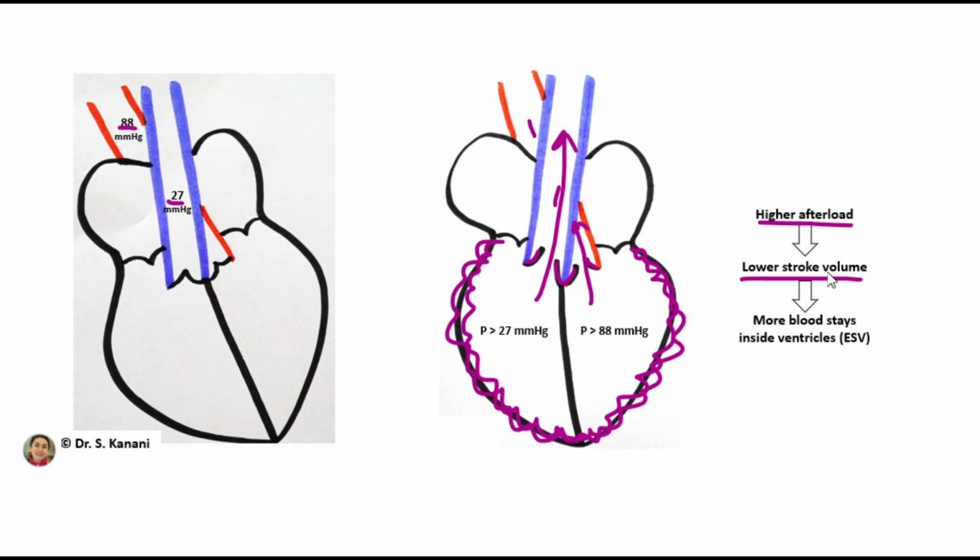Stroke volume would be less. And as a result, more blood is left inside the ventricles. Recall that the blood that is left inside the ventricles after they contract is end systolic volume. So that would be the explanation of how afterload, increased afterload, can negatively change stroke volume, can lower stroke volume.